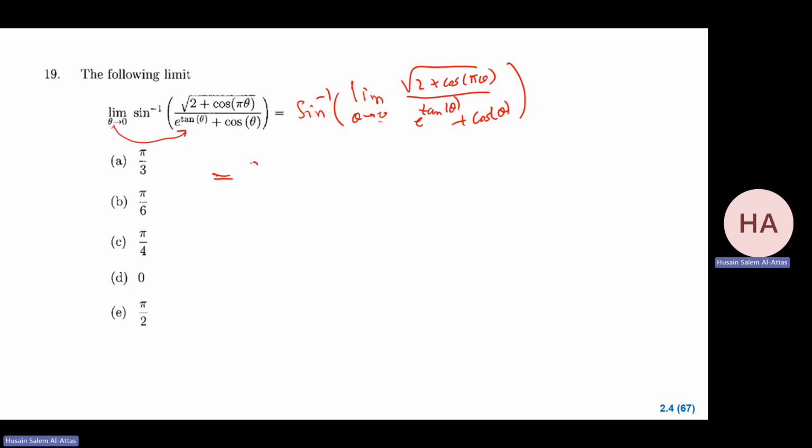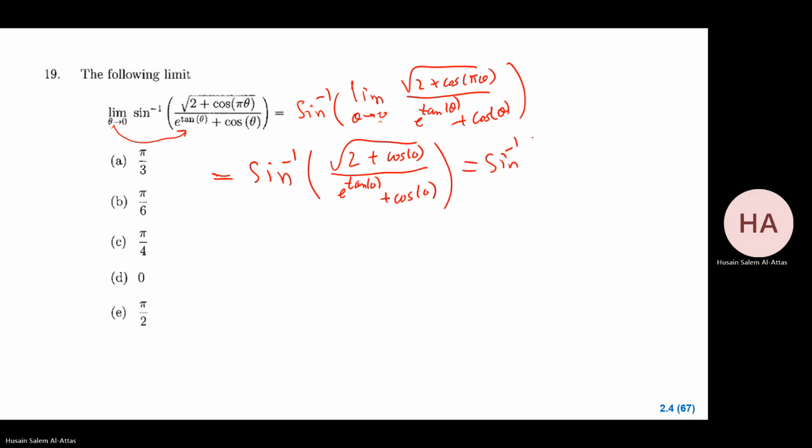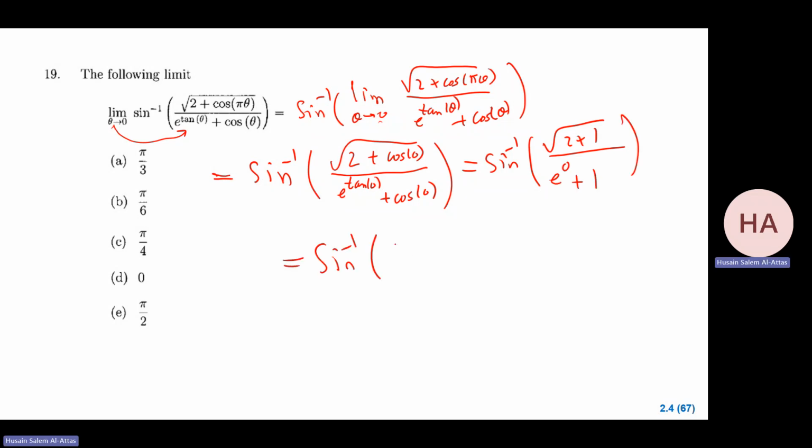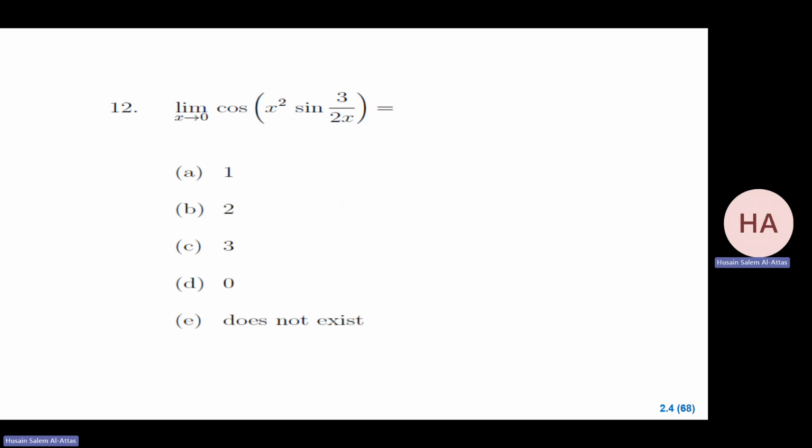So we just substitute. You have square root of 2 plus cosine 0 over tan 0 plus cosine 0. That will be the square root of 2 plus 1 over 0 plus 1. So that will be square root of 3 over 2, and that is pi over 3.